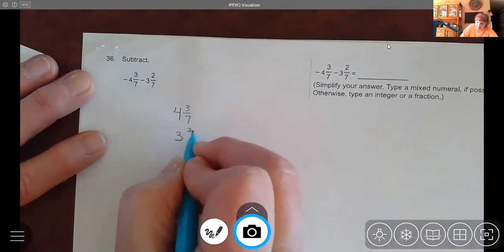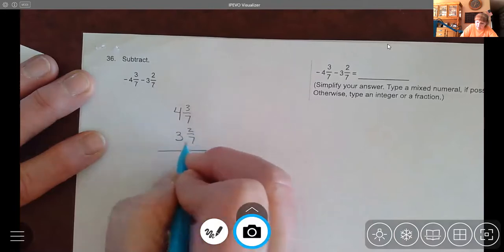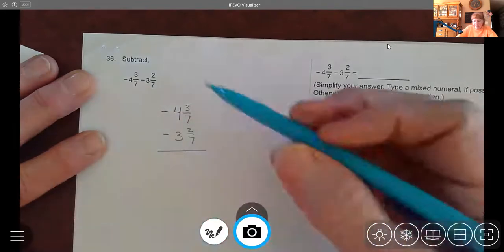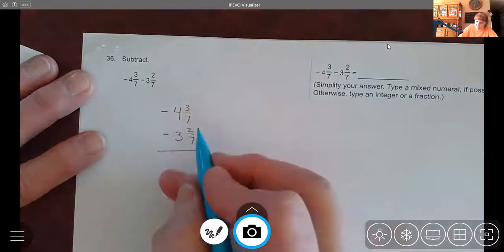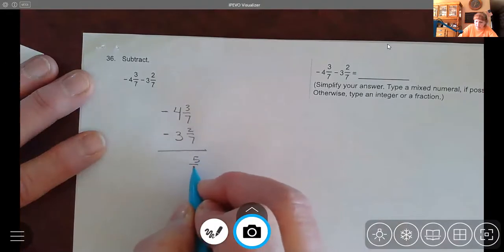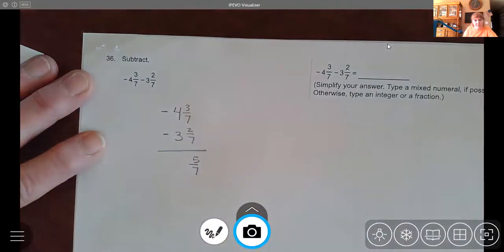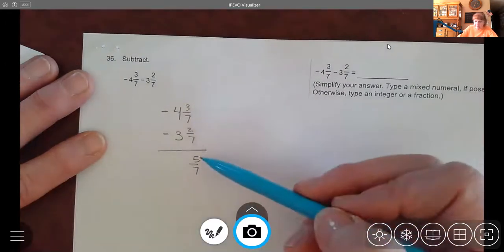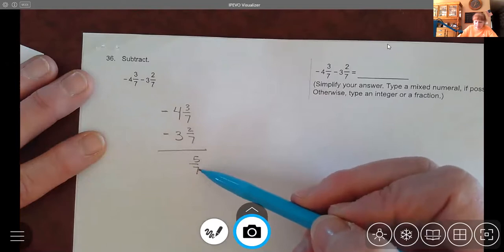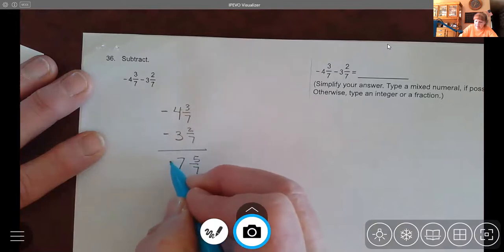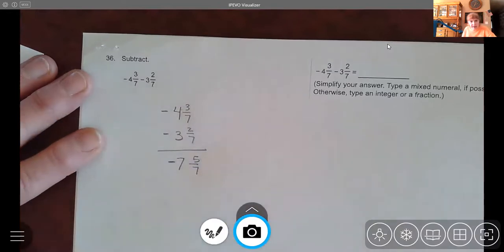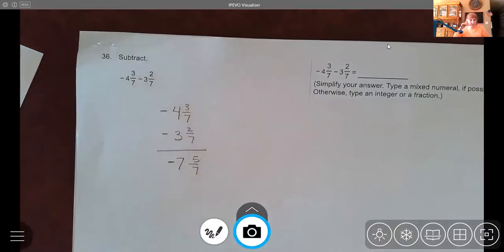They're both negatives, which means I will be adding them together. So I'll have 5/7. I don't have to get a common denominator. Okay. How many negatives do you have? Well, looks like we have 5/7 negatives. And then when you add these, you get 7. So you have a -7 and 5/7.